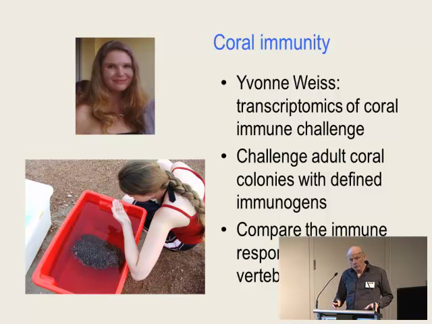There are a number of compounds in bacterial cell walls and so on which produce well-defined responses in higher animals. And the idea that she had was to compare the molecular responses of the whole gene set in Acropora to that which we know occurs during challenge with the same kinds of compounds in vertebrates and flies.